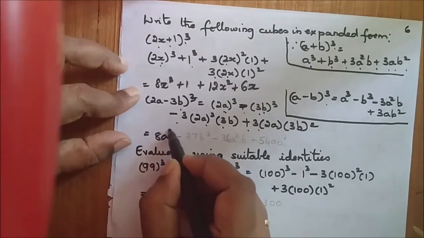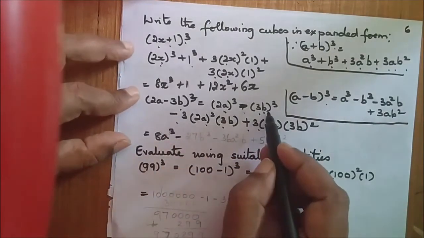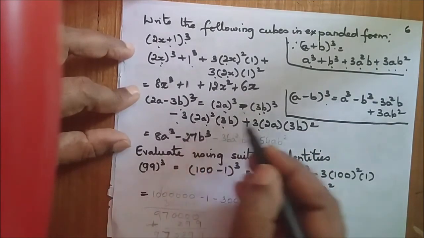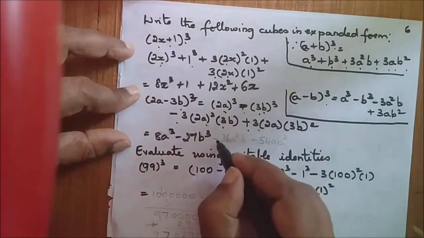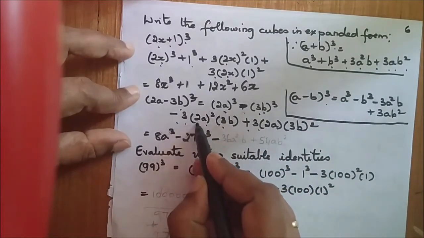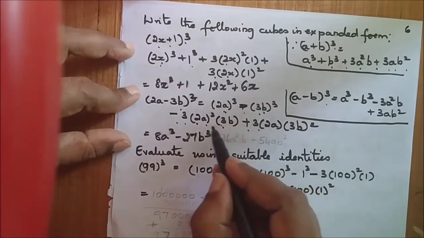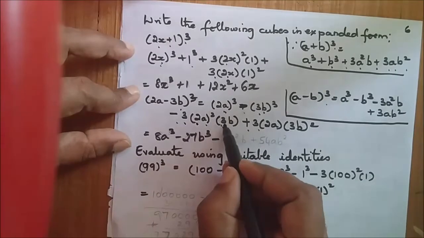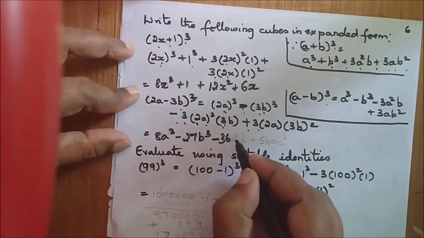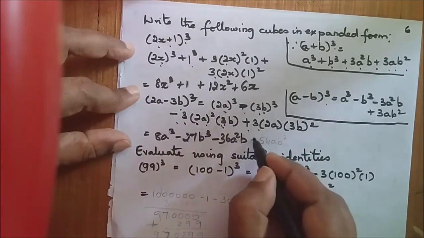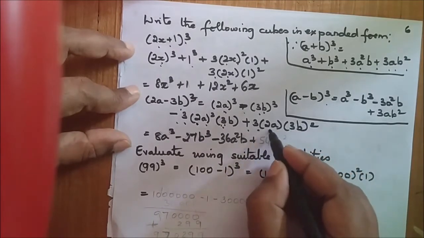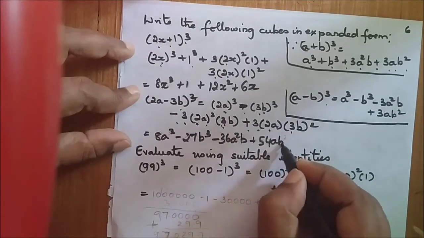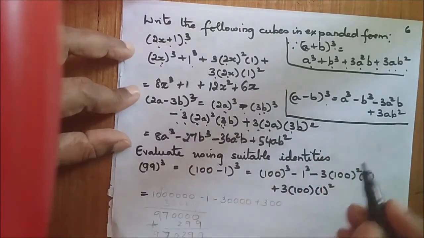It is 8a cubed minus of (3b) cubed is nothing but 27b cubed. 3 into 3 is 9, 9 into 3 is 27. Here 3 into 4 is 12, 12 into 3 is 36, so 36a squared b, plus 3 into 2 is 6, 6 into 9 is 54, 54ab squared. I hope you understood this.